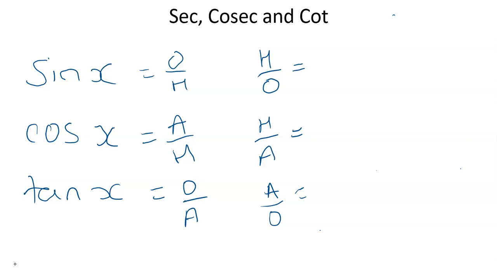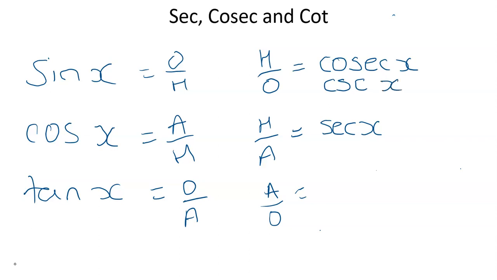We'll do cos first. This one is called secant x, or just sec x, and the sine when it's turned around the other way is called cosecant x, or cosec x, and it's sometimes written CSC for cosec, just so it matches the three-letter thing.